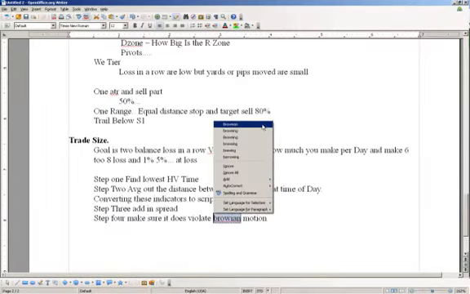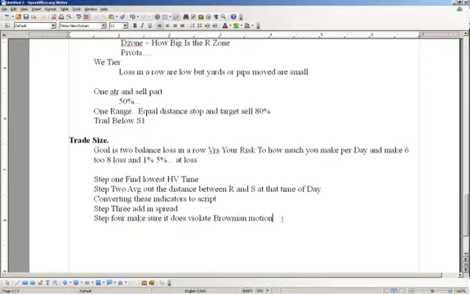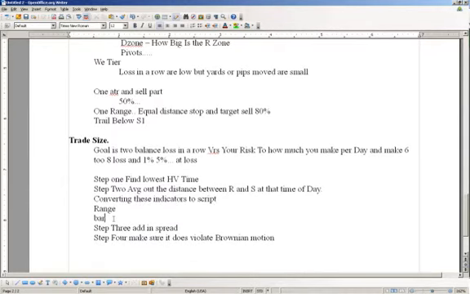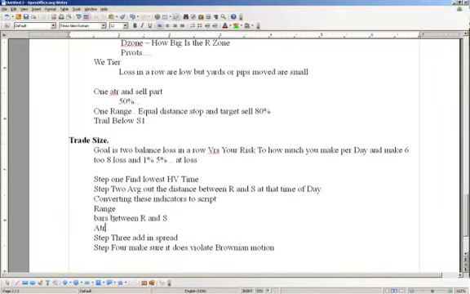This can all be done, but it's stuff that was too slow to do, so I'll explain what this means. When you sample this time, you need 3 things: the range between R and S, the bars between R and S, and the ATR at that time of day.